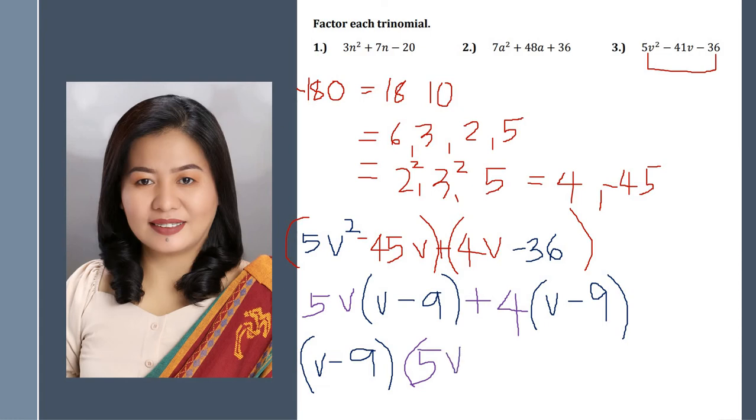That's 5v plus 4. So we have the factors of 5v squared minus 41v minus 36: v minus 9 and 5v plus 4.